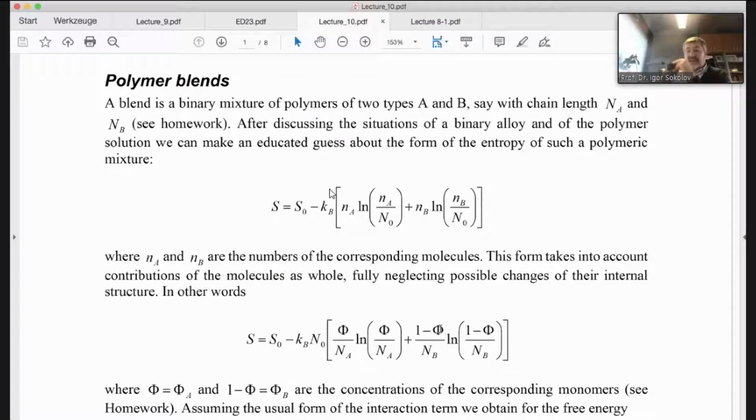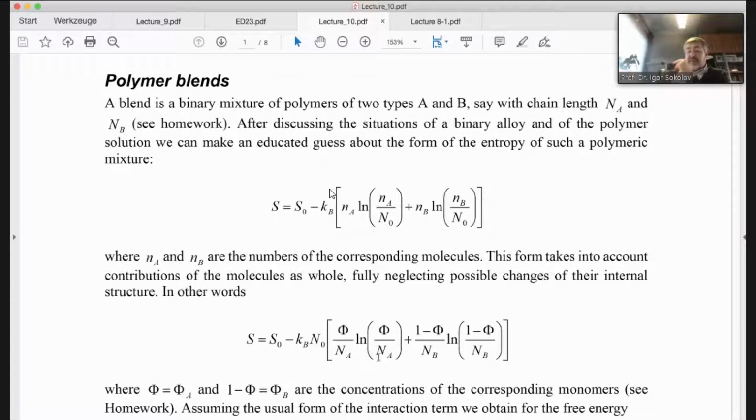The only thing here is that when approximating these entropic contributions by the translational entropies, like we already discussed, you only take into account the positions of the beginning of the polymer. The rest gives you a constant contribution. And therefore, our approximation for the entropy will be like this.